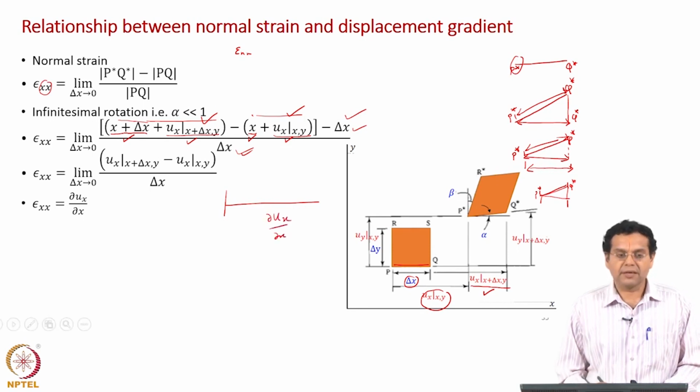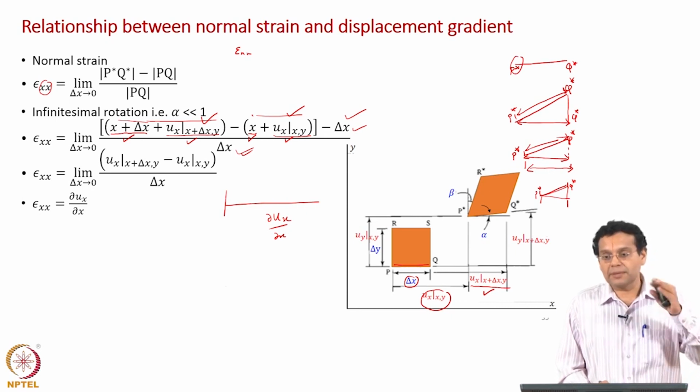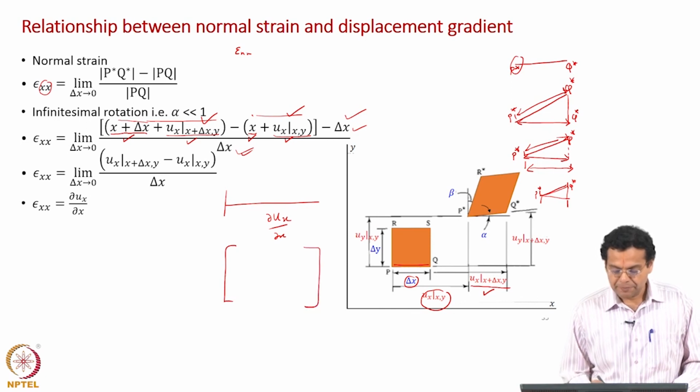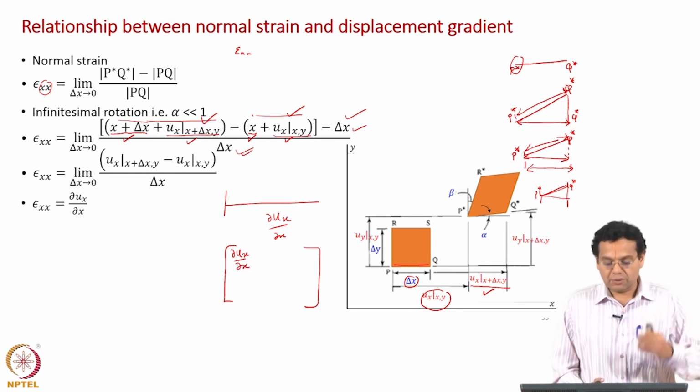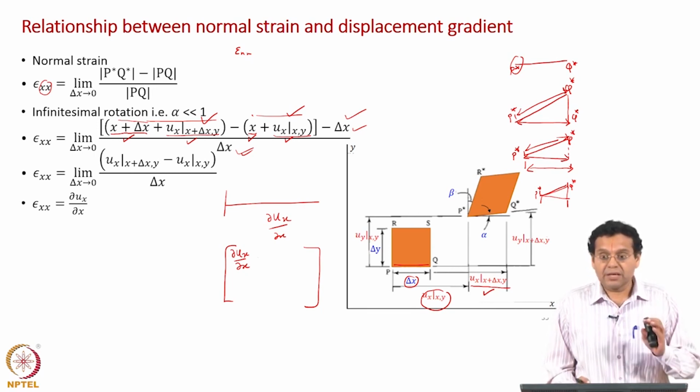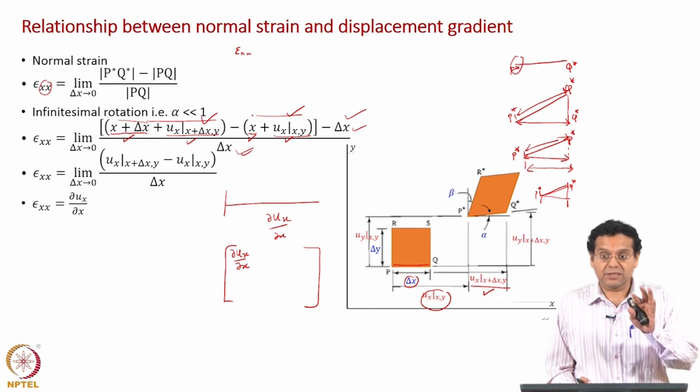What is the alternate way of interpreting? This was one of the components of the displacement gradient tensor. Remember, we had the displacement gradient tensor. The 1 comma 1 term was dou ux by dou x. When we wrote that, it looked like a displacement gradient, looks like a derivative. Now, we have given a very good physical significance for that term.